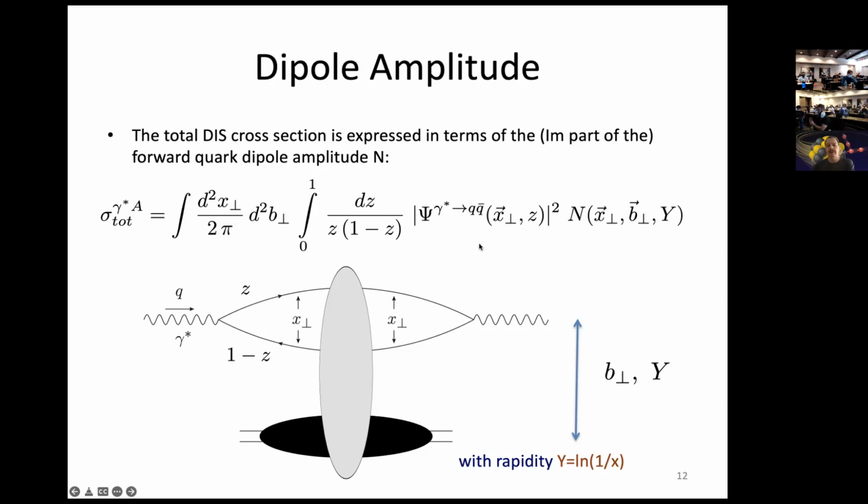Okay, so the light cone wave function for a virtual photon to split into a quark-antiquark pair is a known object. Actually, I don't know how many of the students in the room know light cone perturbation theory or light front perturbation theory. Can I get some sense of it, maybe by a show of hands? Applaud if you know light cone perturbation theory.